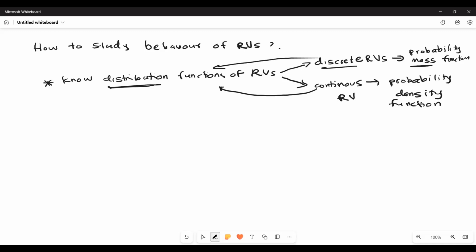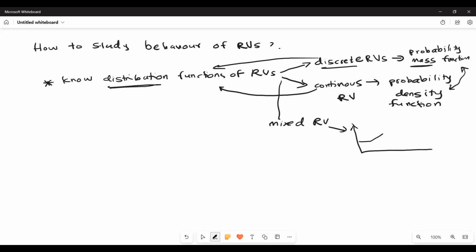As I said before, there's another type, the mixed random variable. For a mixed random variable, we have a mix of both the probability mass function and the probability density function. The combination of these two functions will be considered to construct its probability function.